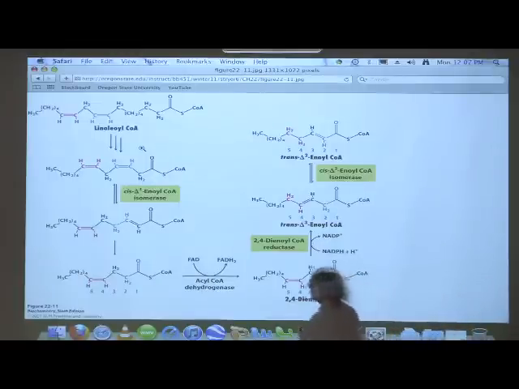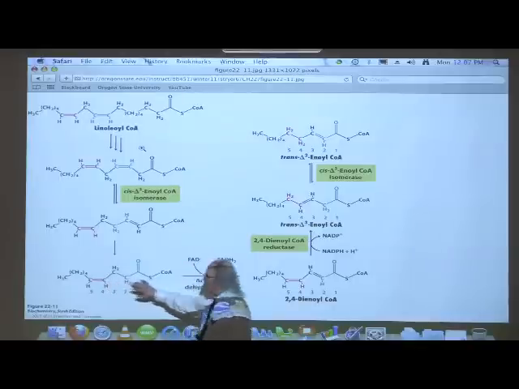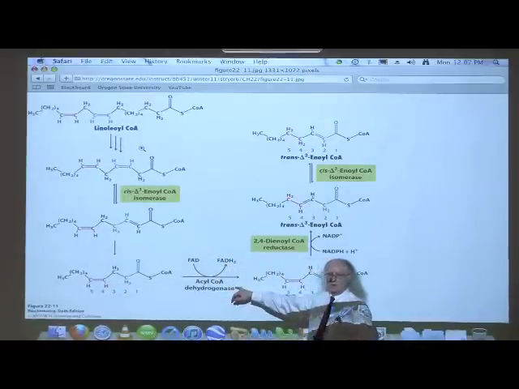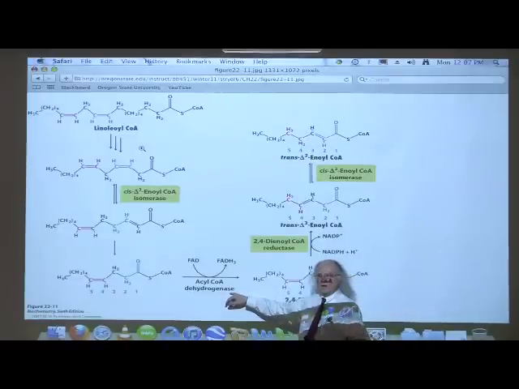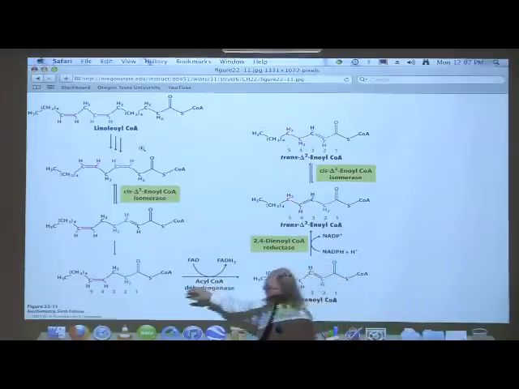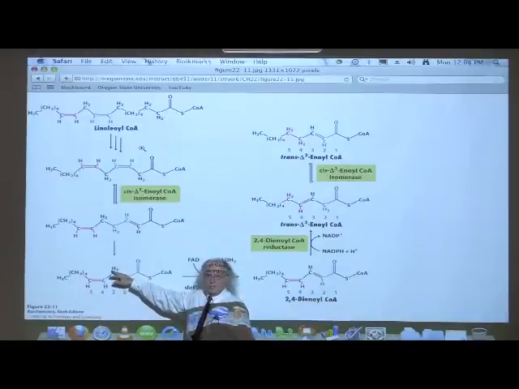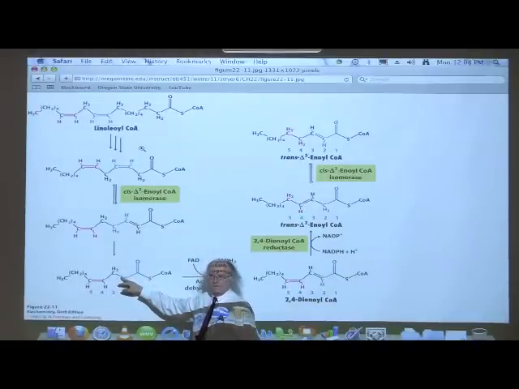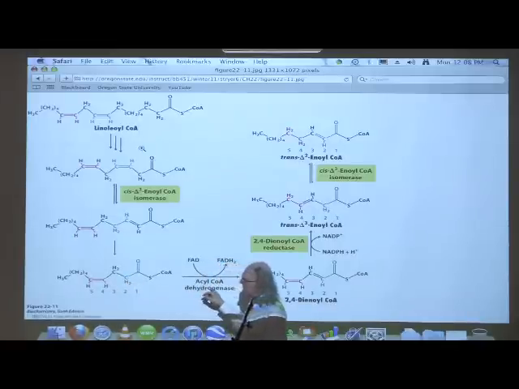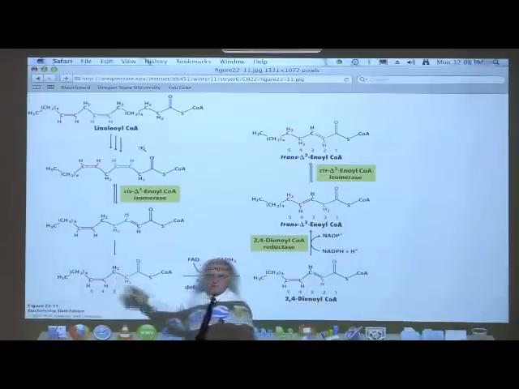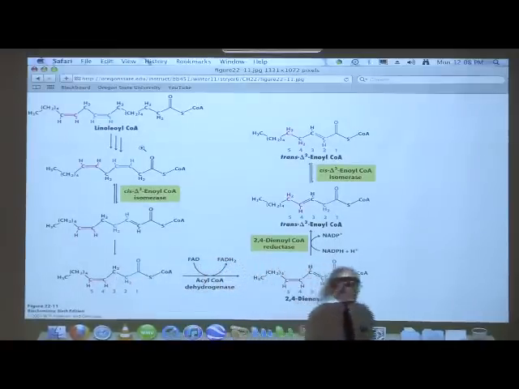So the first of these starts out just like beta oxidation. Here's our fatty acyl-CoA dehydrogenase. That's the first enzyme in the oxidation pathway, and it removes electrons between carbons 2 and 3, just like we're starting beta oxidation. So the very first step of this process removes electrons just like a regular beta oxidation.